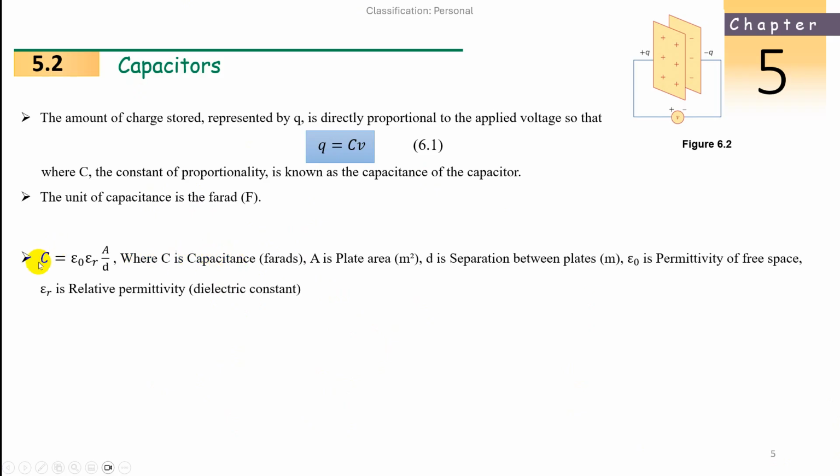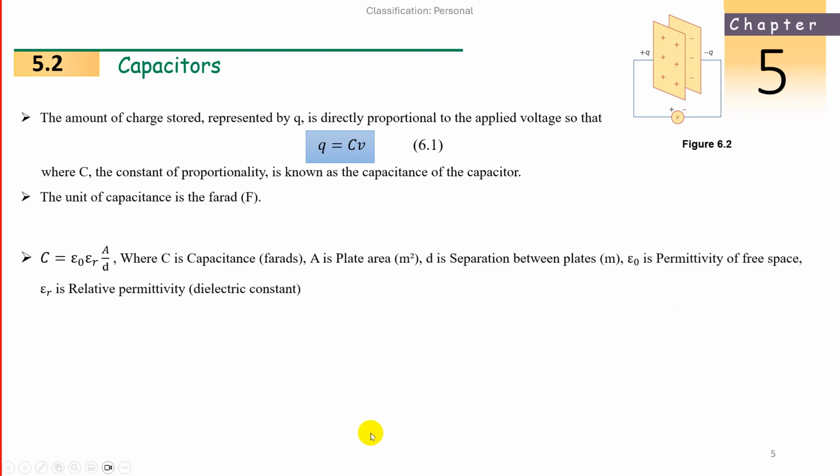Where C is the capacitance, A is the plate area in meter square, D is the separation, the distance between the plates in meters. Epsilon naught is the permittivity of free space. Sometimes we have some free space in between, not only insulator, and it will act as free space. That we also have to consider.